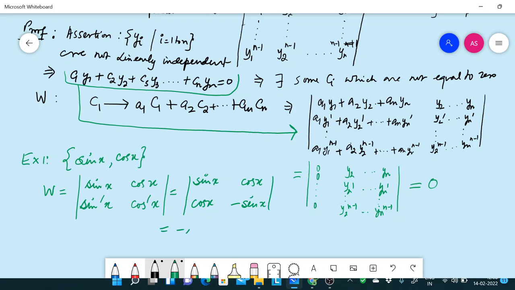So the determinant is equal to minus sin squared x minus cos squared x, which is equal to minus 1. So it implies that sine and cos are linearly independent.